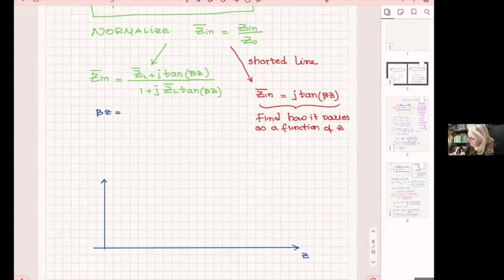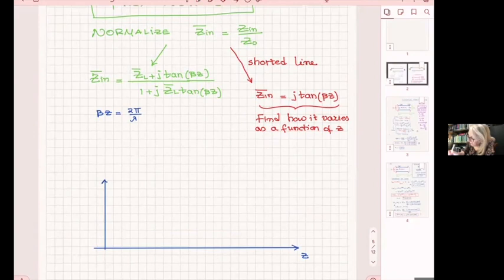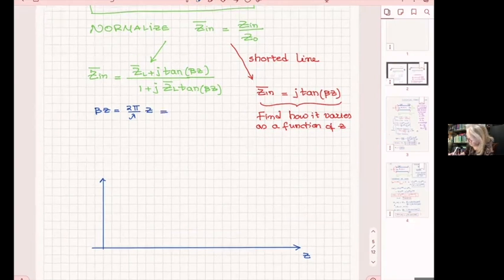We can write beta as 2 pi over lambda, so it's 2 pi over lambda times Z, which means I can rewrite this beta Z as 2 pi times Z over lambda.